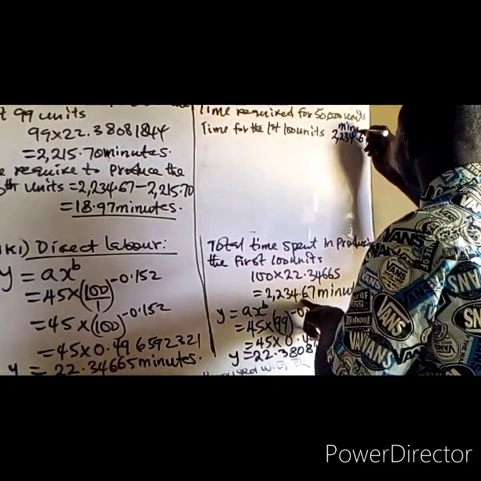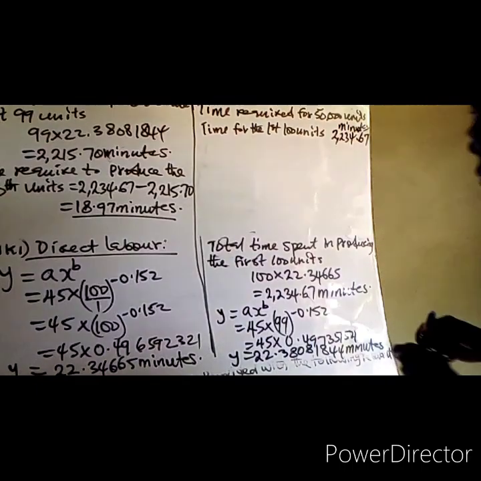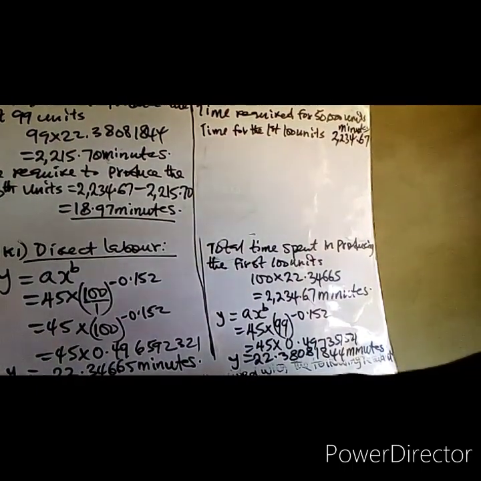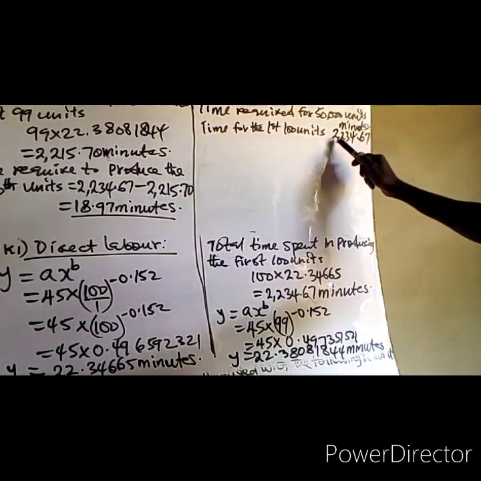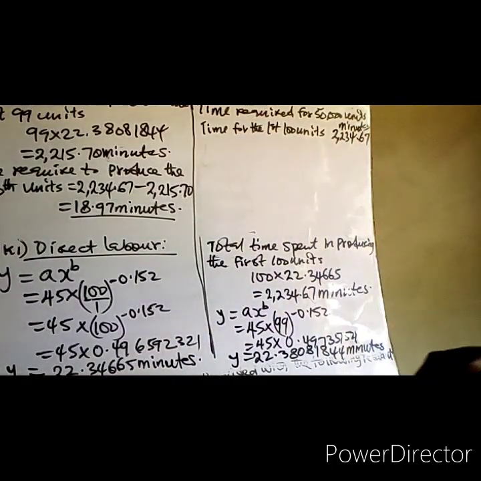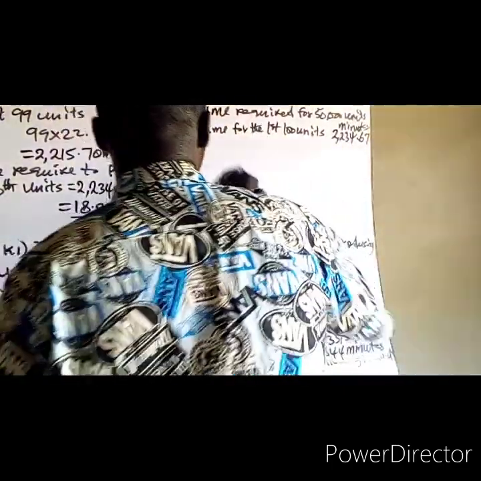Time is in minutes. Then you want to produce a total of 50,000. If the first 100 takes you this, then the remaining is 49,900.